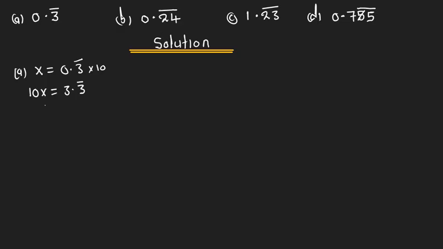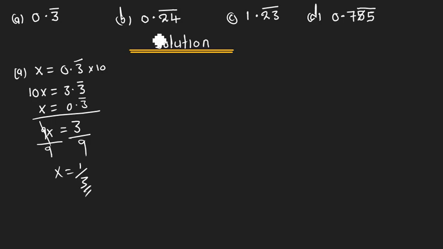Then I'll get my x and equate it to my 0.3 bar, like that. 10x minus that is going to be 9x, and of course I'm going to have a 3, 9 like that. X is equal to 1 over 3. It should give you that answer.